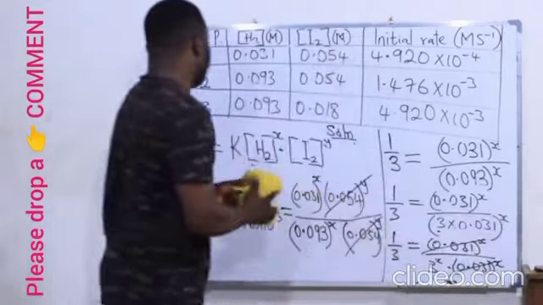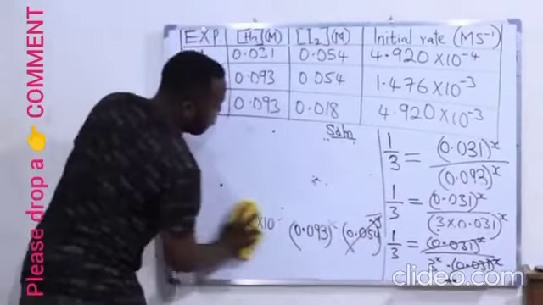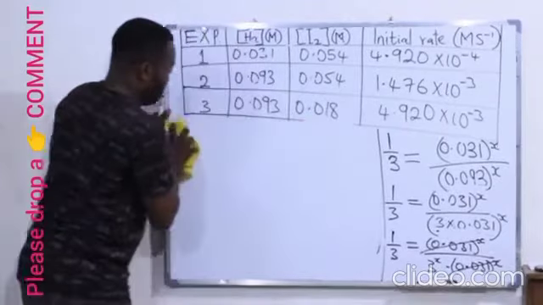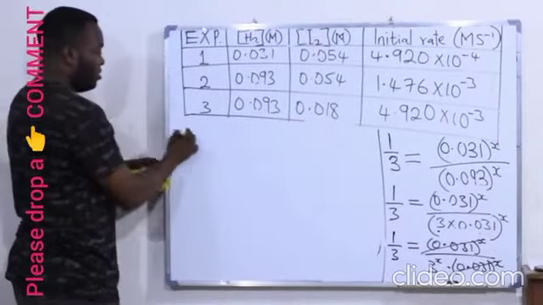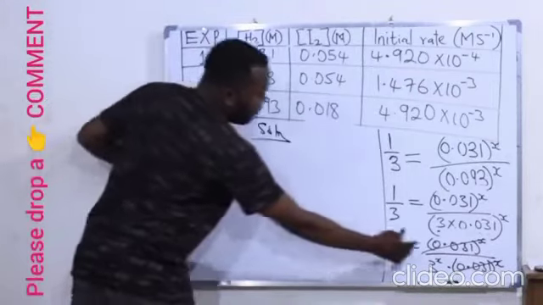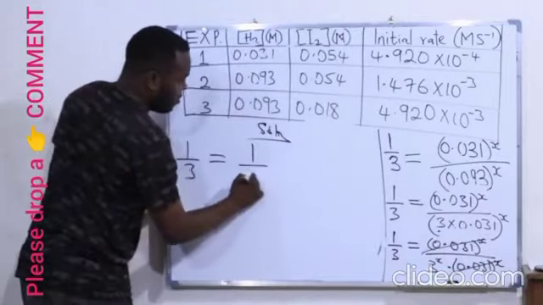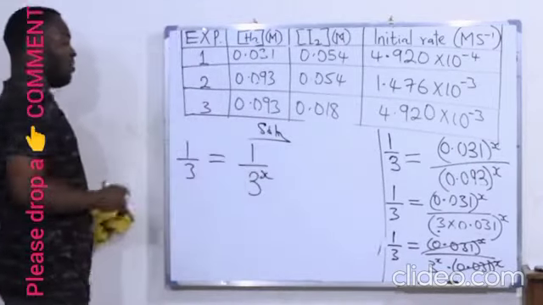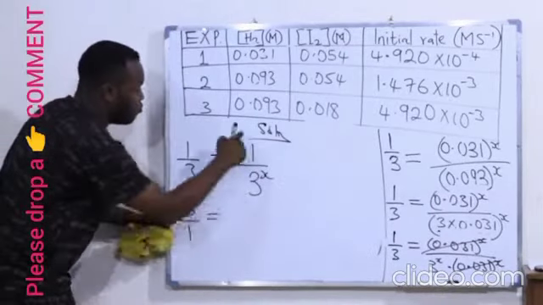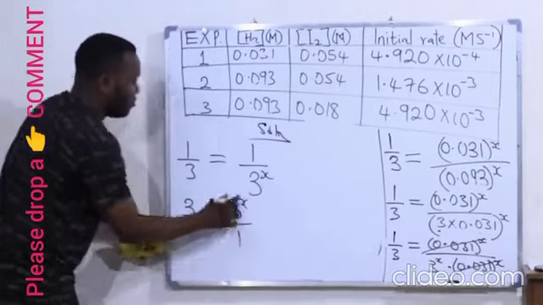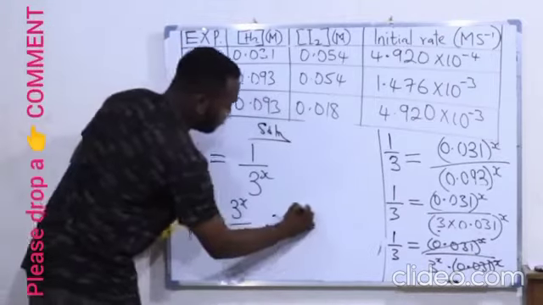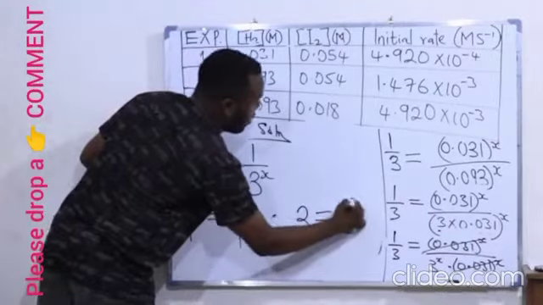And by the time they cancel out, I'm going to have 1 all over 3, 1 divided by 3 is equal to, I've cancelled out here, I have 1 left up, divided by 3 raised to power X. This is what I have. If I invert this, it means that 3 divided by 1 is equal to 3 to the X over 1. So this is what I have. Therefore, it simply means that 3 is equal to 3 raised to power X.